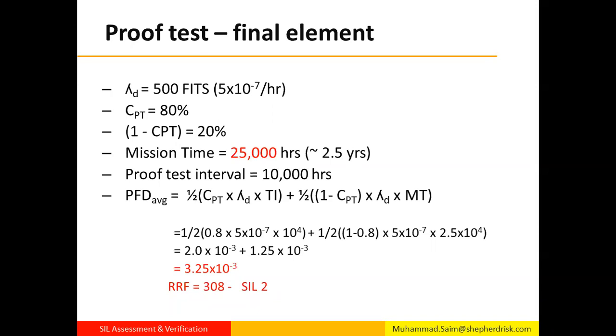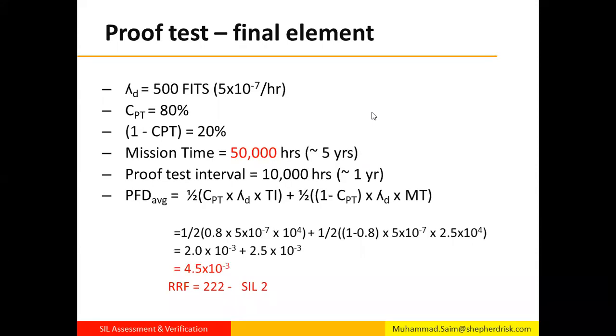And if we look at the mission time of 25,000 hours or 2.5 years, or 50,000 or 5 years, this sounds quite ridiculous when we talk about very big ESD valves.